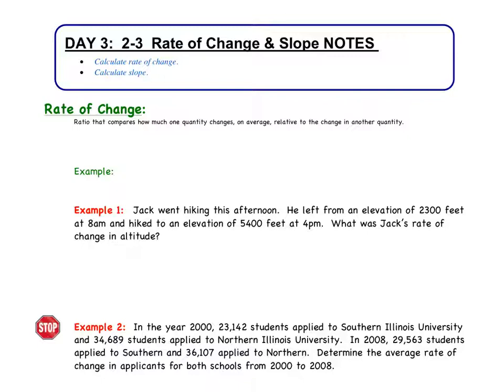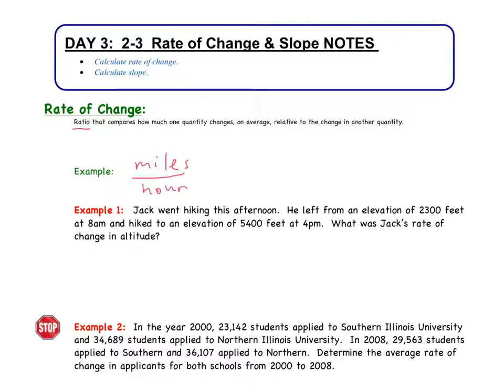Rate of change. The rate of change is a ratio that compares how much one quantity changes, on average, relative to the change in another quantity. For example, when we're driving, we talk about our rate of change all the time in terms of the miles per hour.